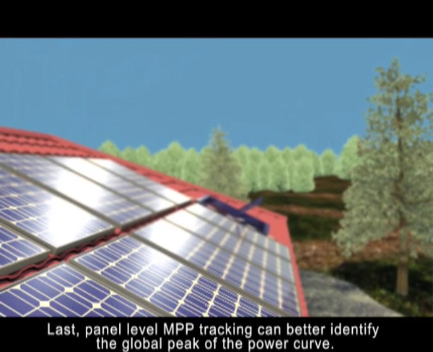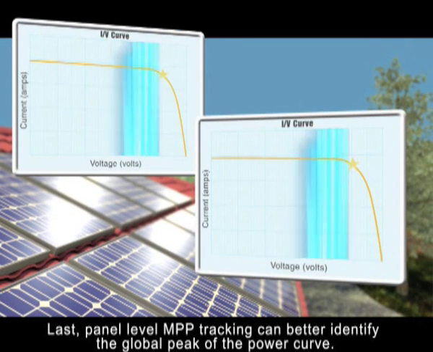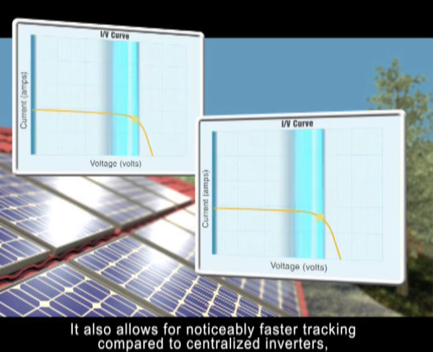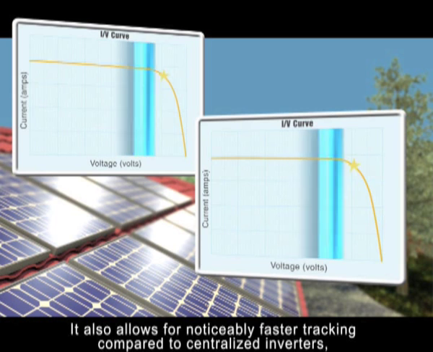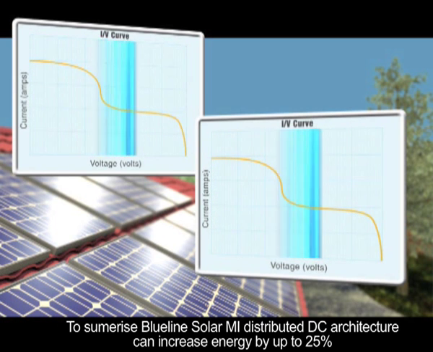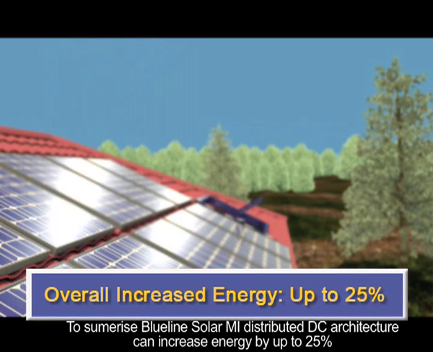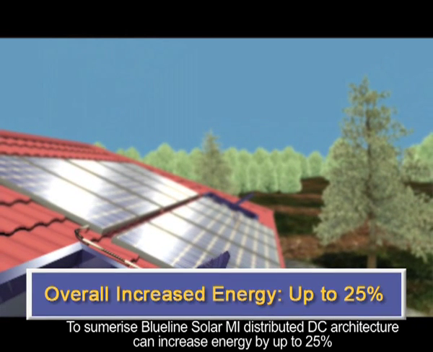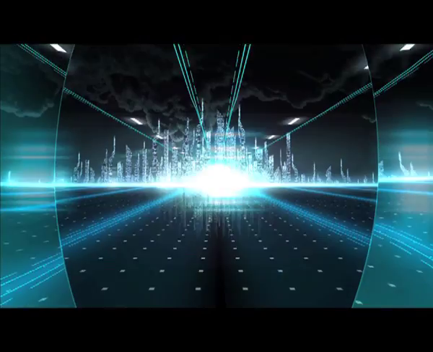Last, panel-level MPP tracking can better identify the global peak of the power curve. It also allows for noticeably faster tracking compared to centralized inverters, especially during dynamic weather conditions. To summarize, our Blueline MI solar system can increase energy production by up to 25%.